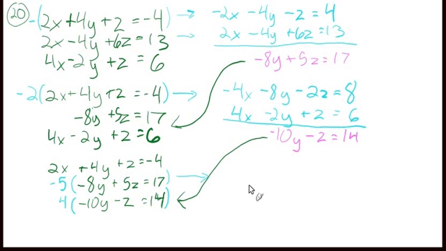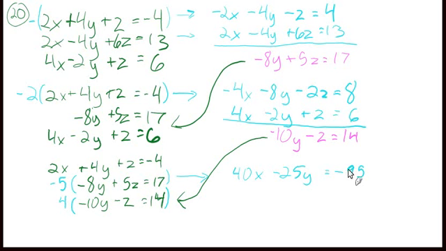Okay. So this one is going to be a positive 40x minus 25y equals negative 85. Nope, 85 was right.